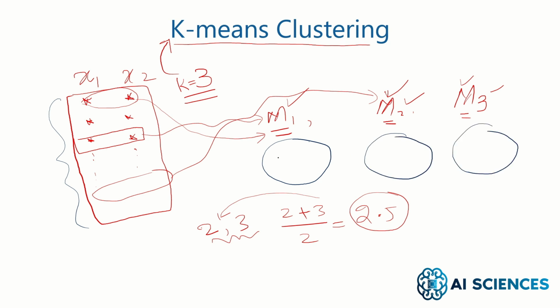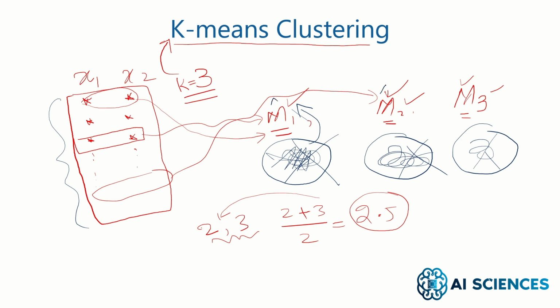Now you recalculate mean 1 from this particular group. Initially we decided the mean value randomly, but now because the group information is available, just compute the mean value from this group. Now compute mean 2 again from group 2, mean 3 again from group 3, and then just discard the previous groupings that were available.